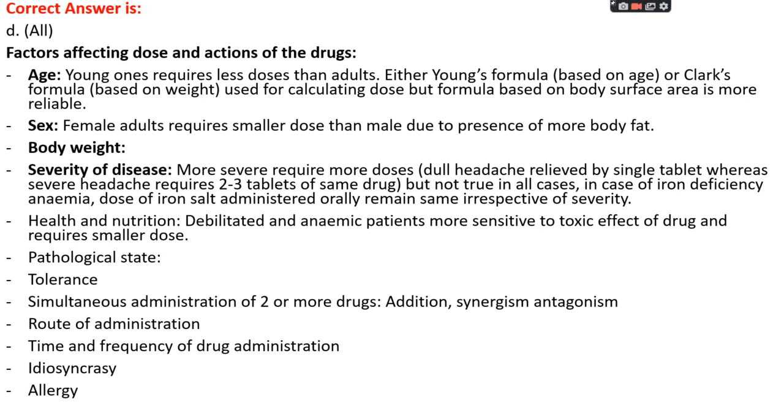Similarly, tolerance: low doses of drugs lead to a tolerance effect in humans or animals. Simultaneous administration of two or more drugs: certain drugs cause addition, certain drugs cause synergism, and certain drugs cause antagonism. Route of administration: the IV route requires a lower dose as compared to other routes. Time and frequency of drug administration, idiosyncrasy, and other factors like allergy.